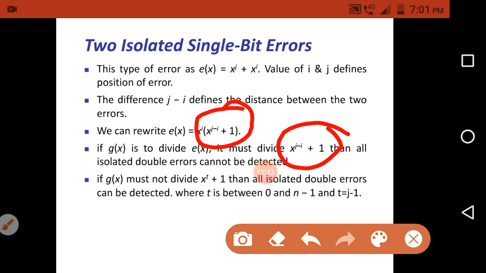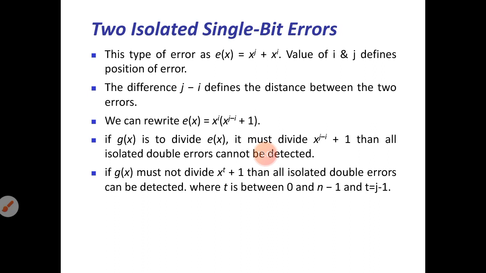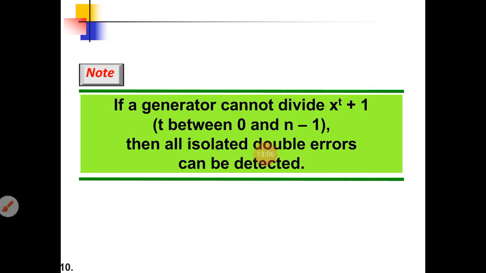If it cannot divide, meaning the remainder is not equal to 0, then the two single isolated errors can be detected. If the generator divides it, the remainder is equal to 0, and then the two single bit errors cannot be detected. So that is how we can represent the two isolated single bit errors.